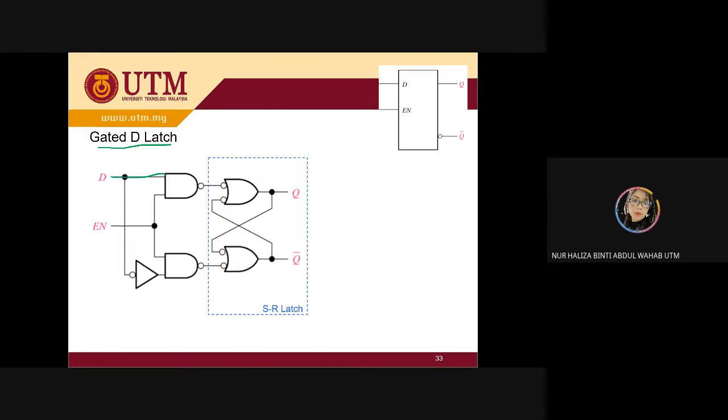This is direct input for your D. This is your NOT. This is the only difference between your gated D latch and also your gated SR latch.